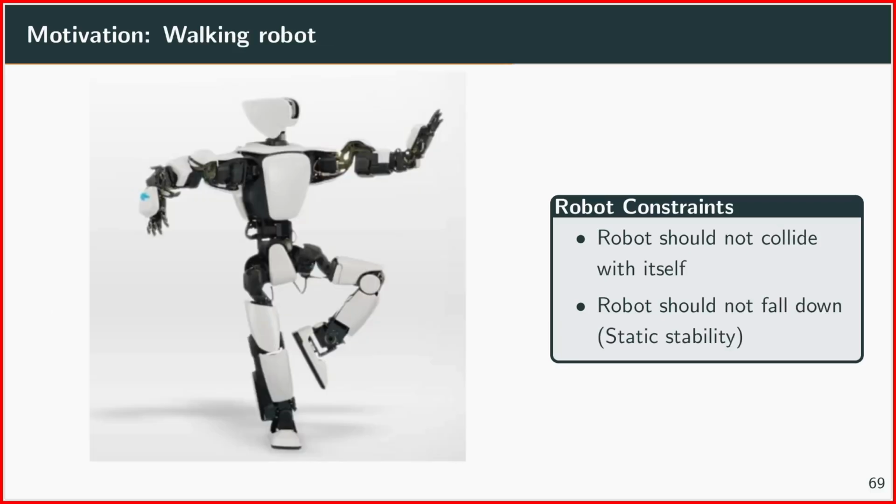And if you have more complicated robots, for example, you have a walking robot, then of course this robot should not collide with itself or the environment, but the robot should also not fall down. And so you would like to have some static stability of the robot. You always want to be in configurations where the robot is not tilting or falling down.